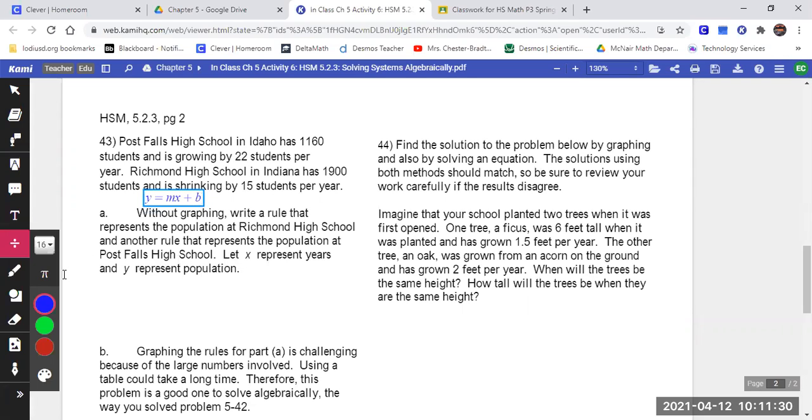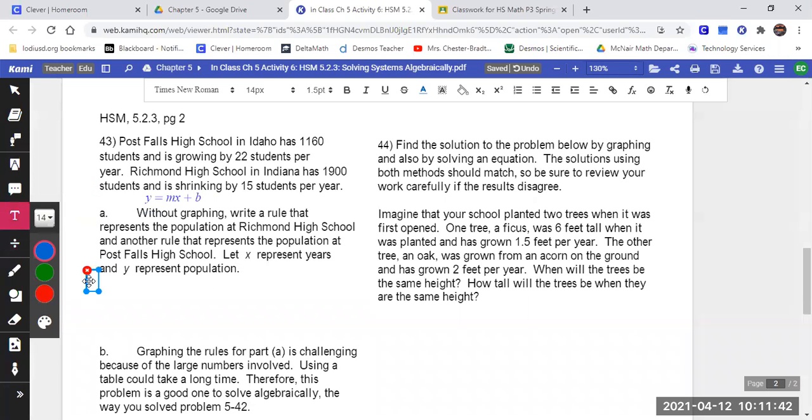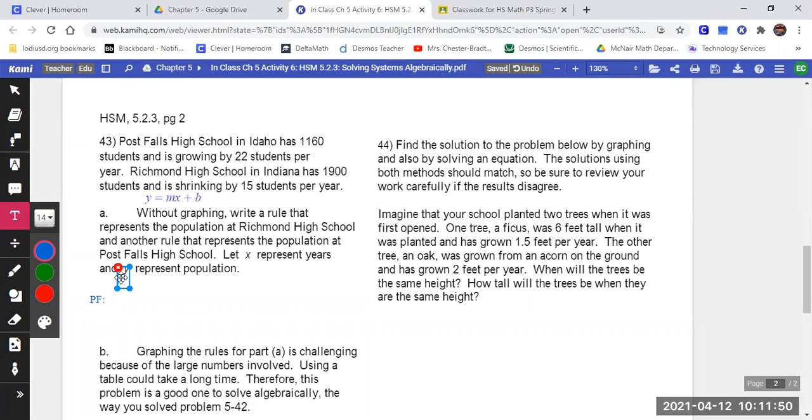So we're going to get some information. Post Falls, right? Text box, sorry. Post Falls. We're looking at the M, we're looking at the B, right?